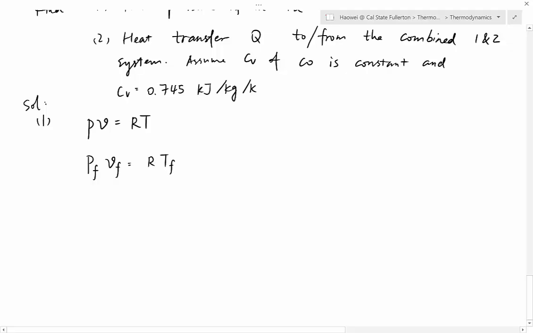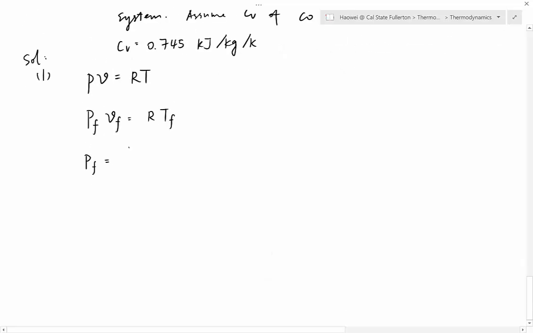Because we're looking for the final pressure, we move PF to the left-hand side, and everything else to the right-hand side. This equation becomes PF equals R times final temperature TF divided by final specific volume nu F.